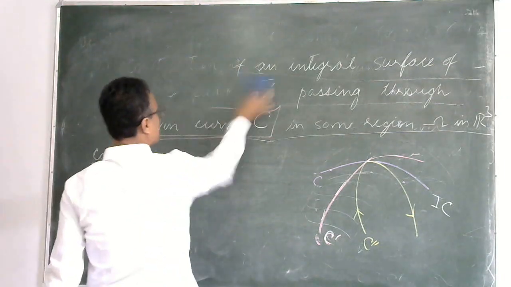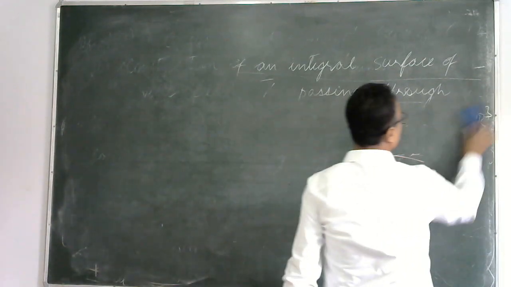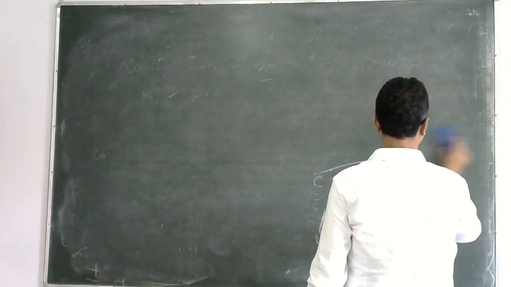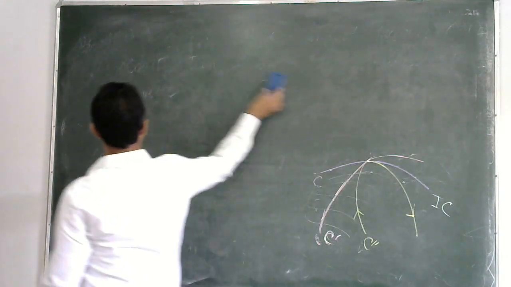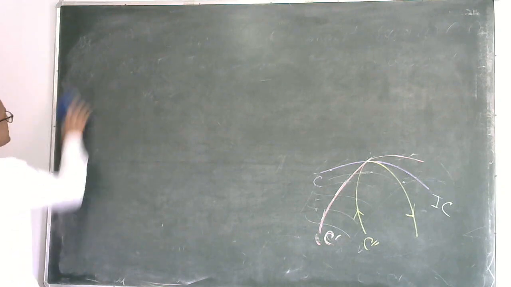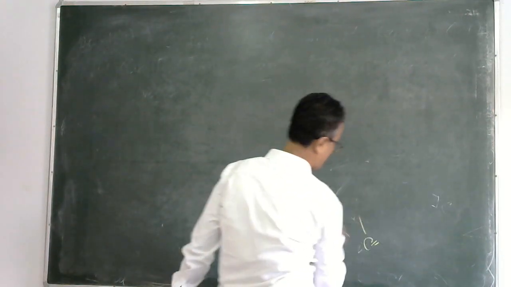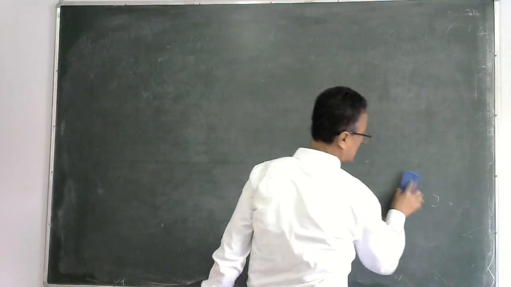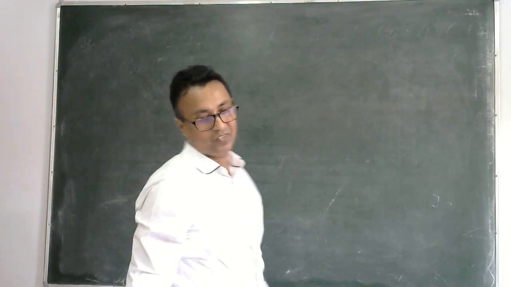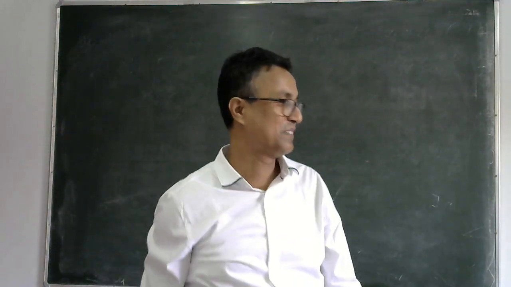Is everybody convinced that, given a curve in space, we would always be able to generate an integral surface on which that curve is going to lie? In fact, I would appreciate a no more than a yes now.